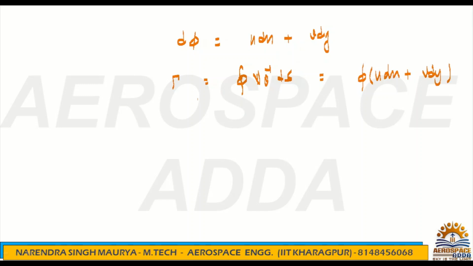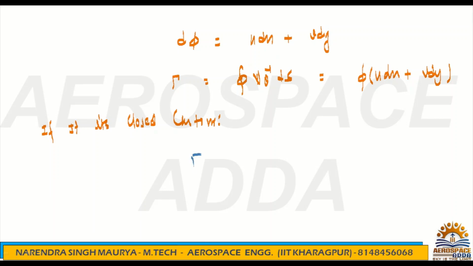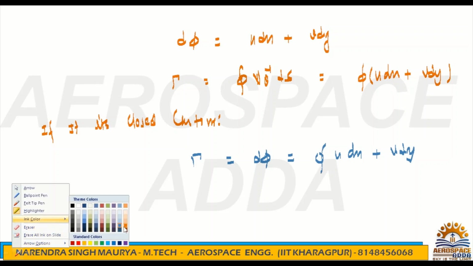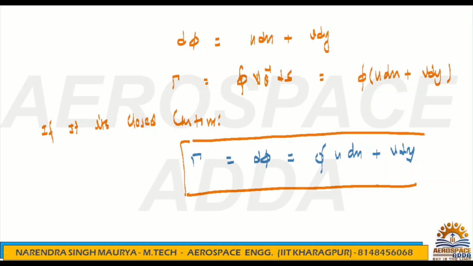So from here you can consider, if it is a closed contour, then you will have circulation, which is nothing but the closed integral of d phi, u dx plus v dy, right? This is the one important result you got here, okay?